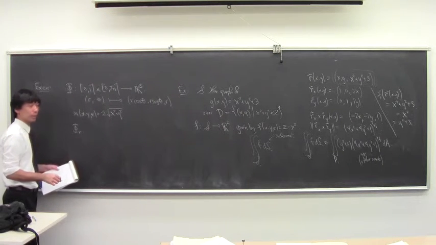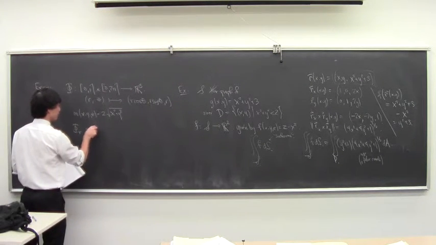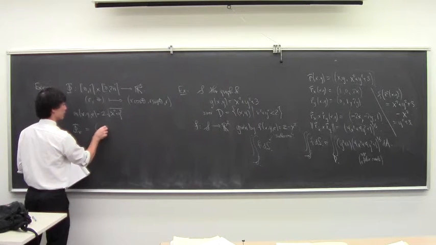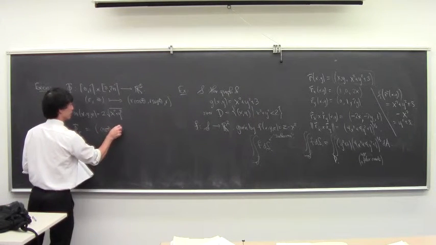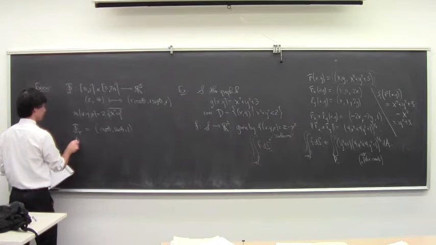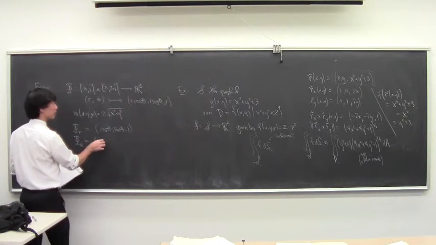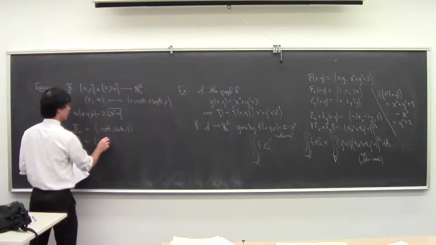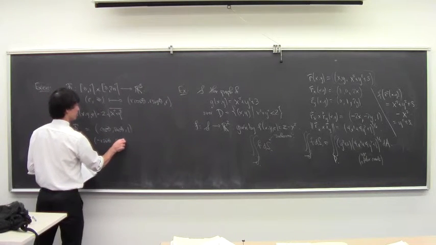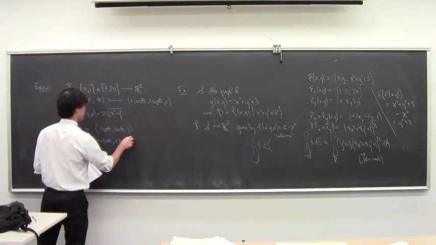So we need to take phi's derivative with respect to r, right? We get cosine theta, sine theta, 1. Phi's derivative with respect to theta, we get negative r sine theta, r cosine theta, 0.